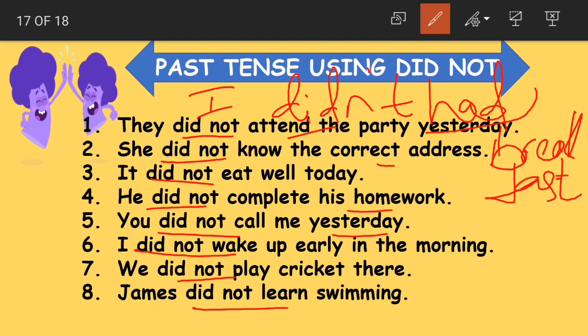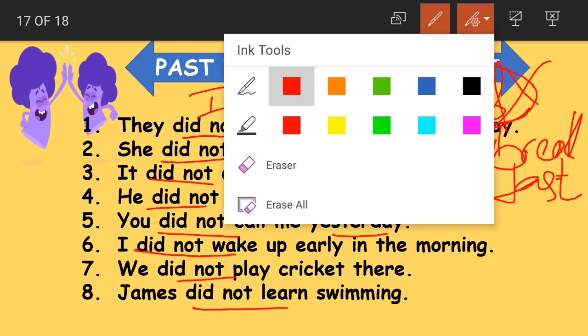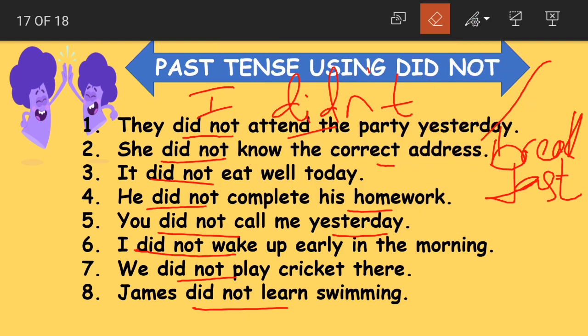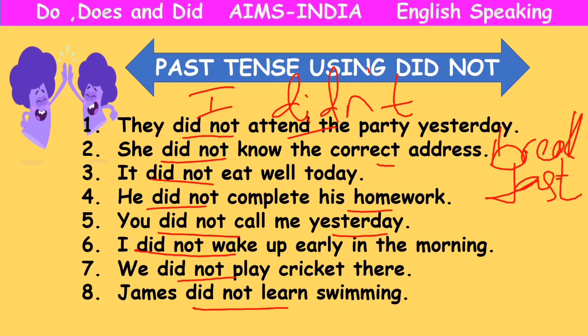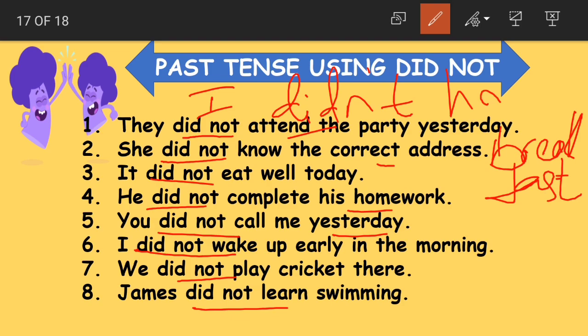So you must not use has or had in any type of sentence when you are using did not. What you have to use is only have. I did not have breakfast. So this is the correct one.